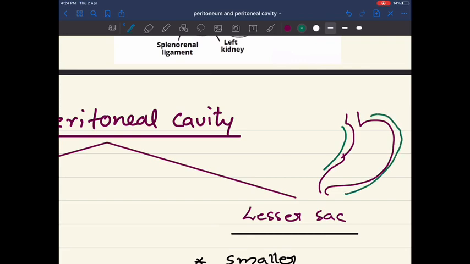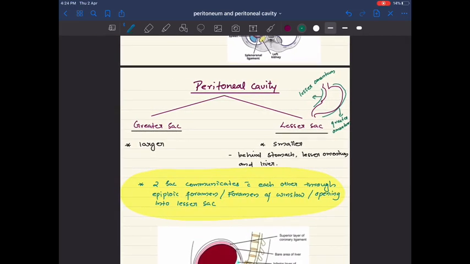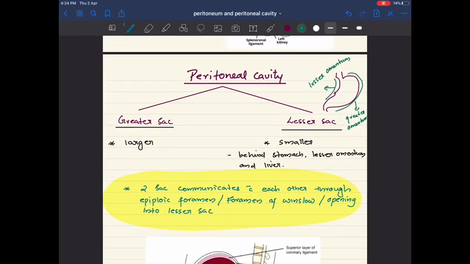The peritoneal fold that connecting the lesser curvature is lesser omentum. So the peritoneum that covers the greater curvature is greater omentum. We'll discuss detailed in another section. So lesser sac is seen behind stomach, lesser omentum and liver.